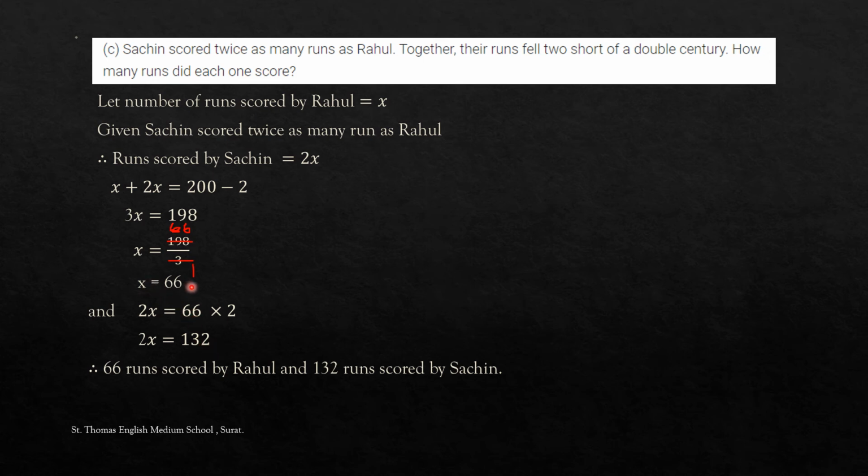So x we got 66 and 2x we got 132. x means the number of runs scored by Rahul, and 2x means the number of runs scored by Sachin. So Sachin scored 132 runs and Rahul scored 66 runs. Therefore, 66 runs were scored by Rahul and 132 runs by Sachin. Clear?